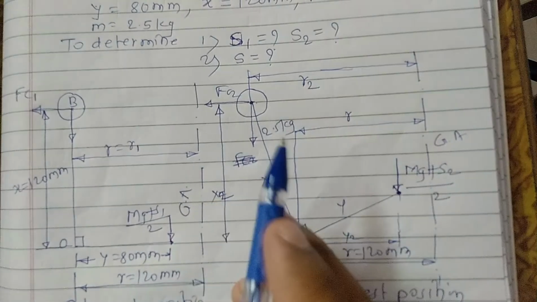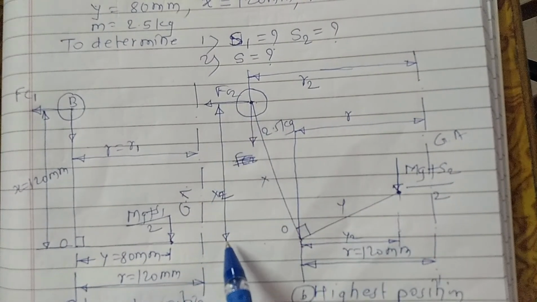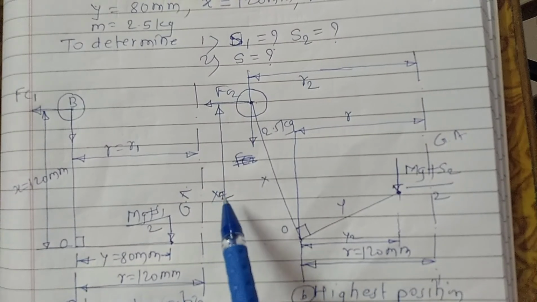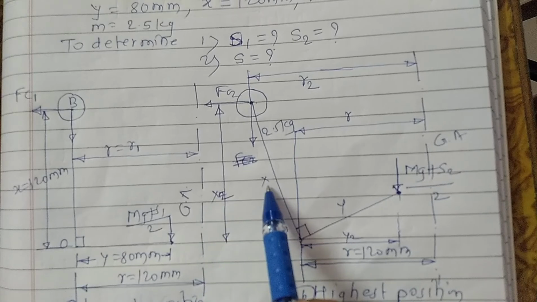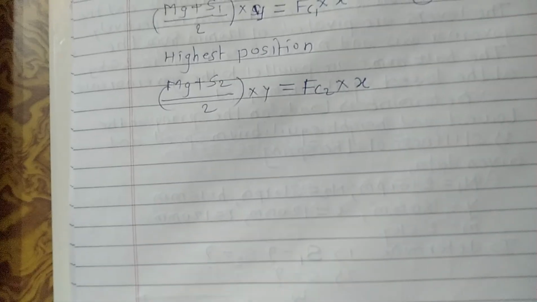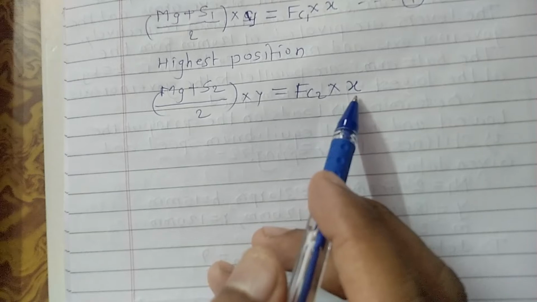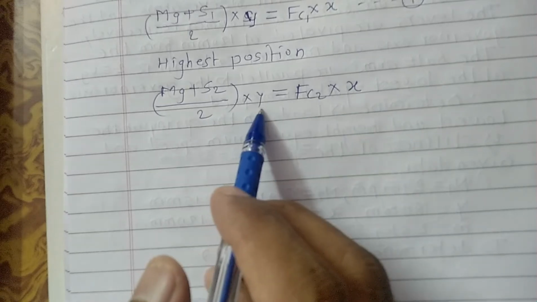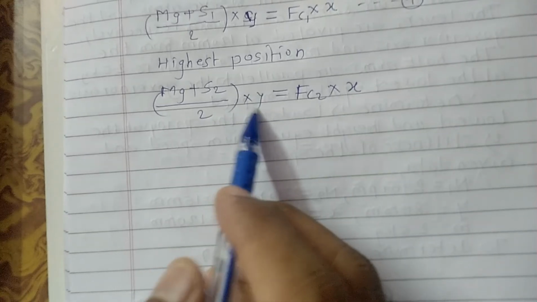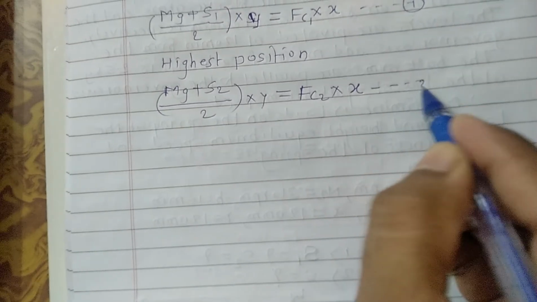So Fc2 multiplied by x2, but as we are neglecting the obliquity effect, we consider x2 as x and y2 as y. So we get this relation as equation number 2.